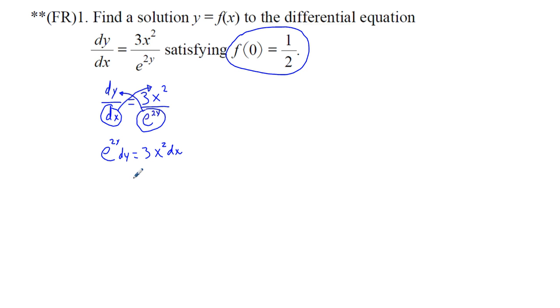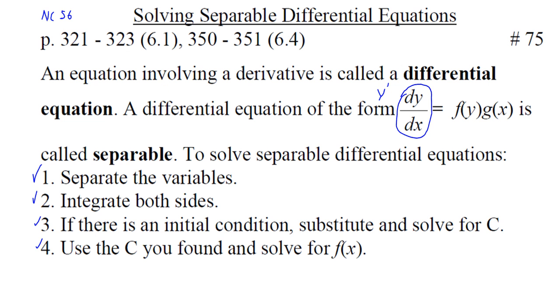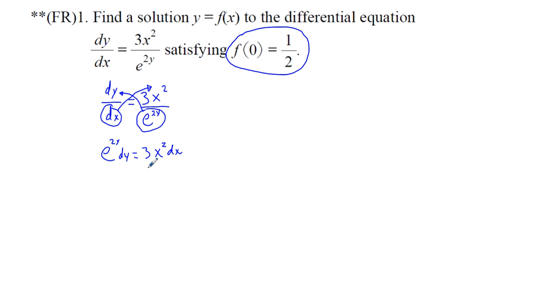Now the next thing you're going to do is integrate both sides. When you integrate both sides, you want to have a d something on either side. So we integrate both sides, and on the left side we have e to the 2y.